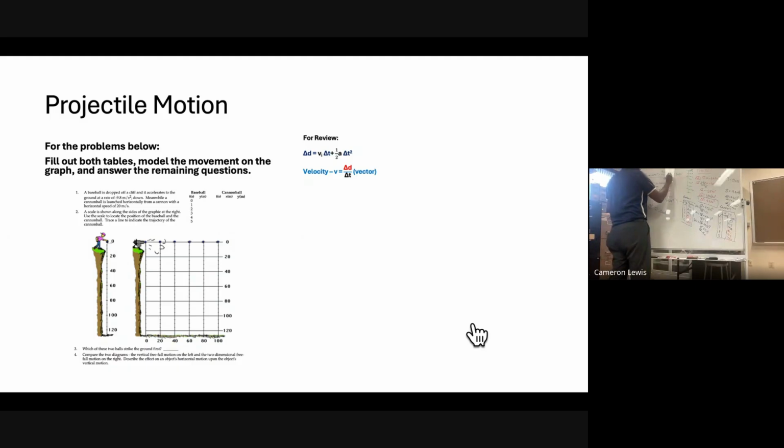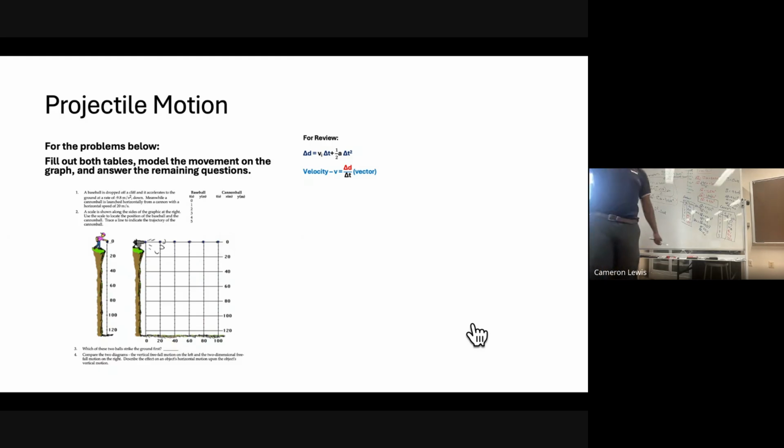Now I have here (20) times delta t, right? Okay, so now I have it plus 20, right? Now let's think about this horizontally, right? Horizontally.